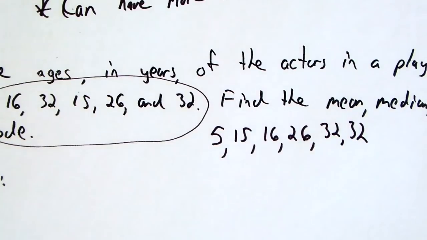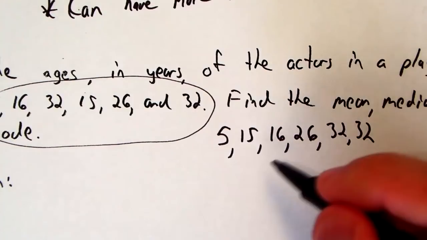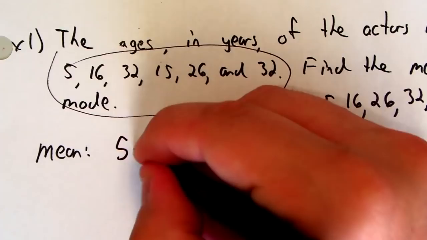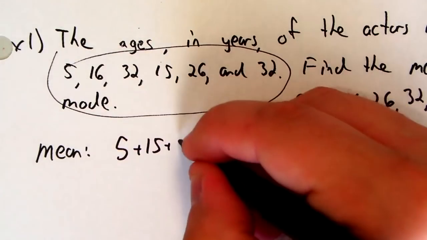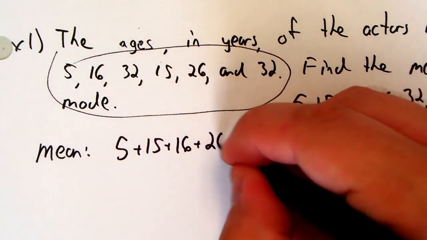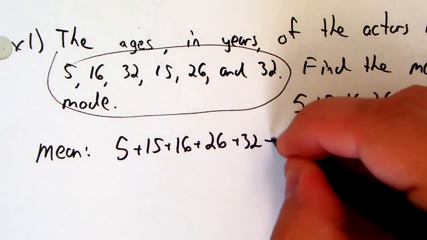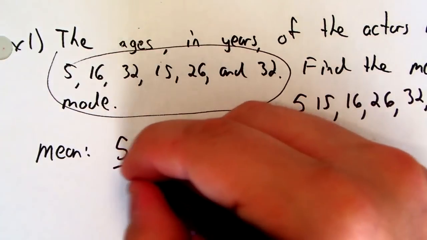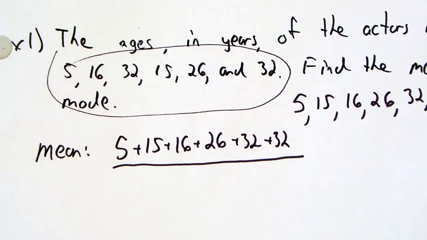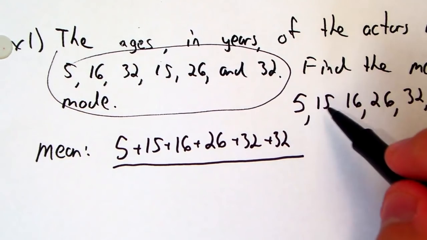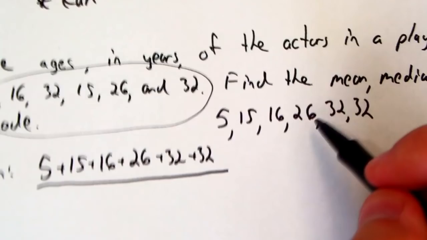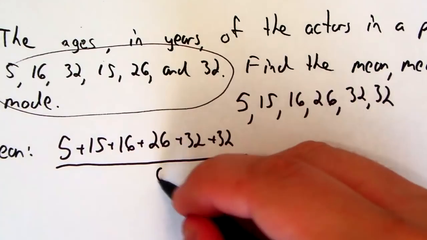Now the mean is add them all up. So 5 plus 15 plus 16 plus 26 plus 32 plus 32. And then we want to divide by however many numbers there are. So there are 1, 2, 3, 4, 5, and 6 numbers. So we're going to divide by 6.